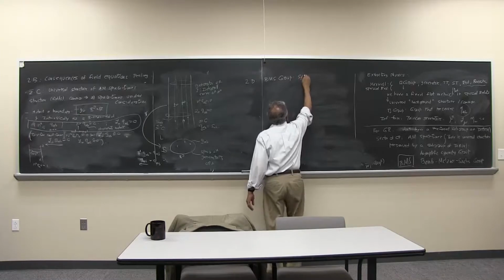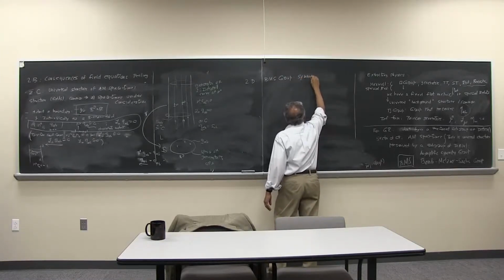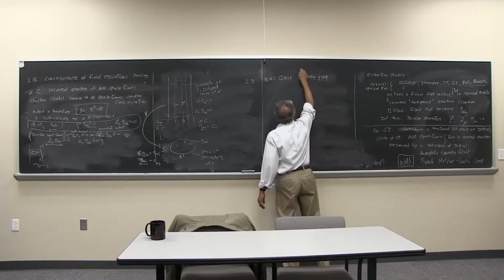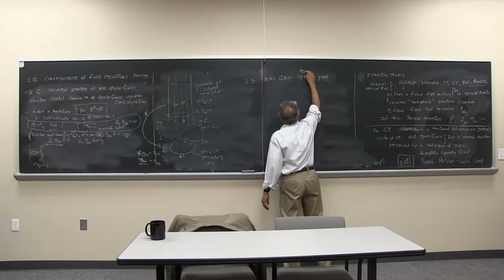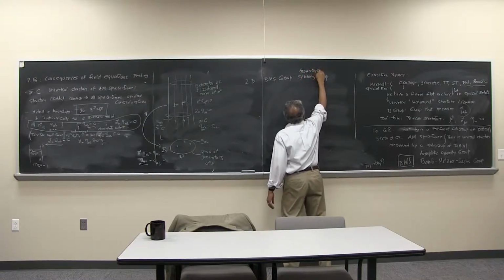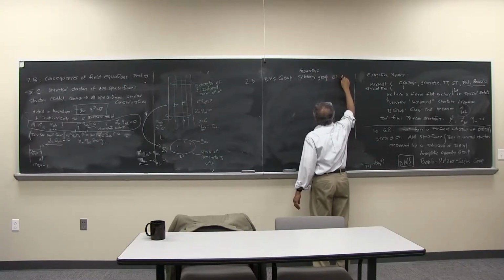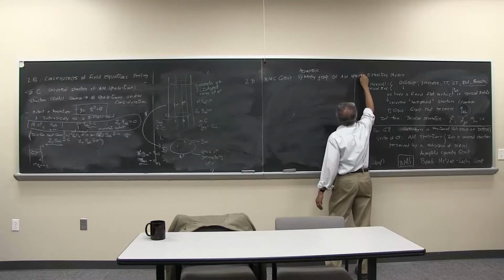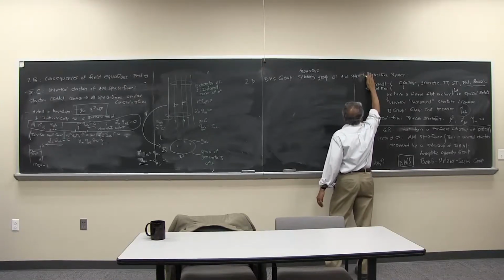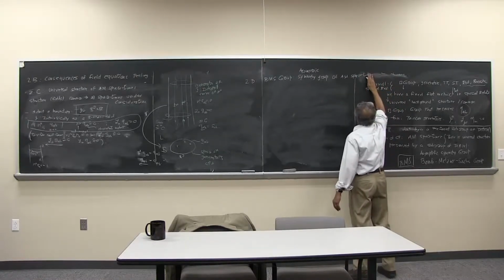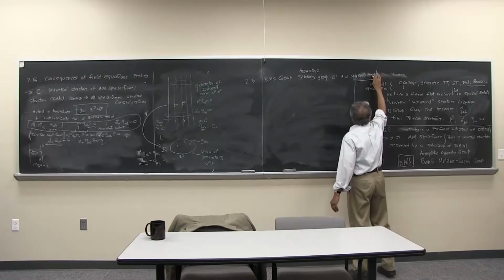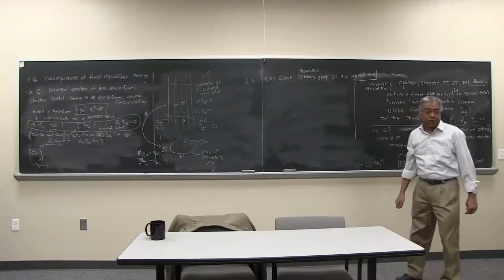This is the asymptotic symmetry group of asymptotically flat spacetimes. So that's what we're now going to do.